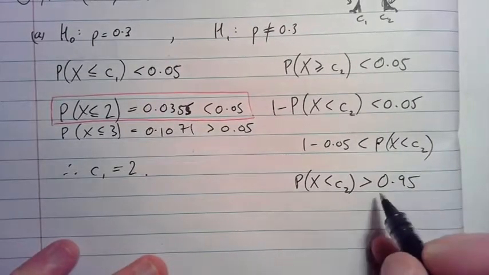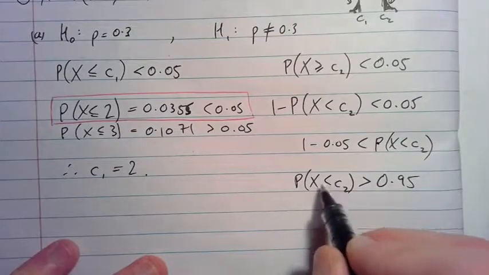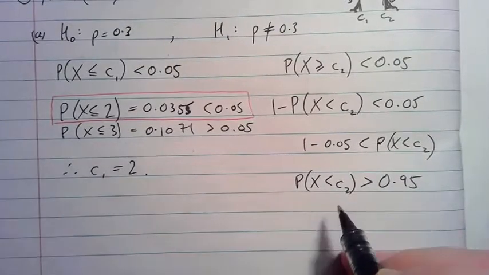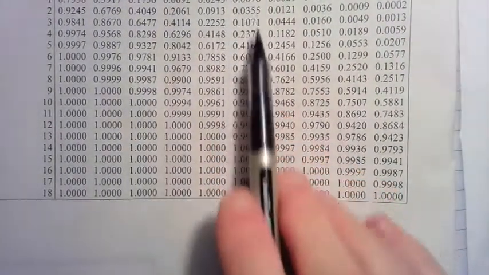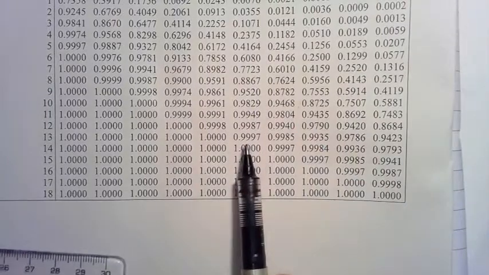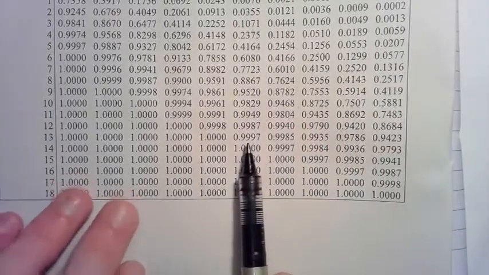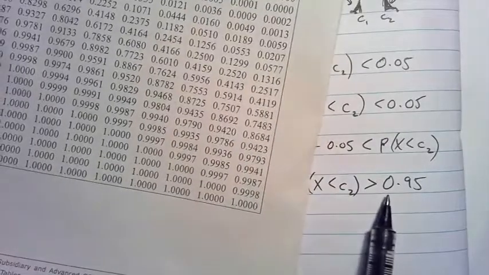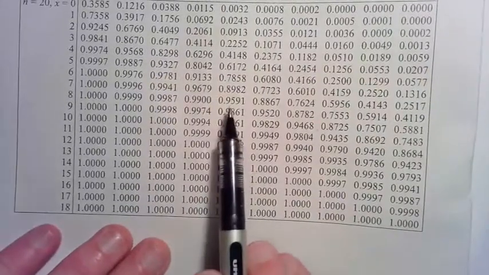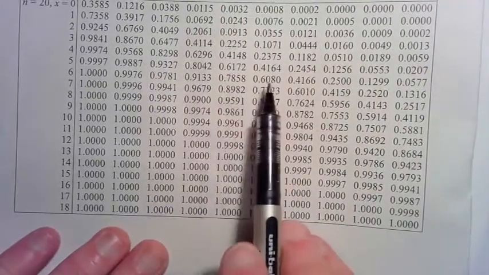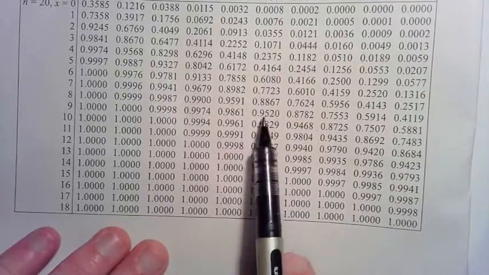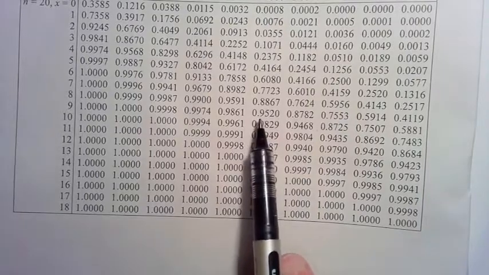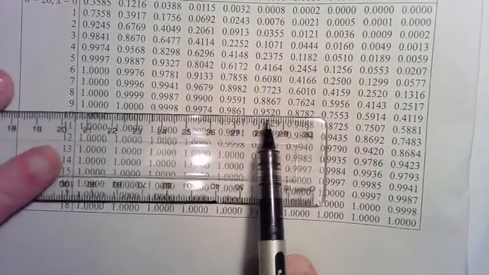Okay, so we've got it into a sort of less than situation. Let's just see what the formula booklet says for us. So this is the column for 0.3 there. And let's just check, greater than 0.95. So the first time it's greater than 0.95 in this column would be here, 0.9520.